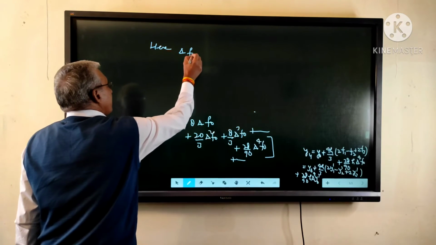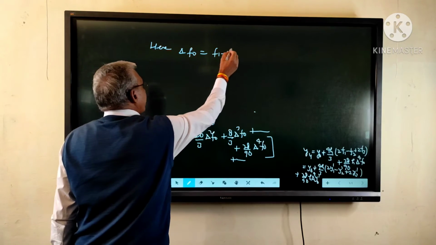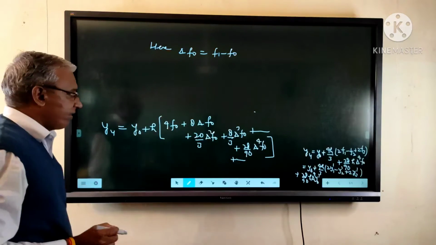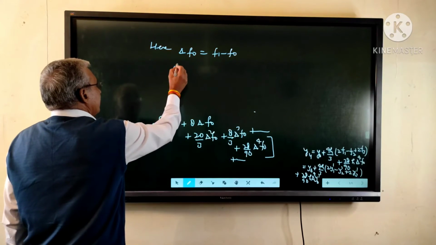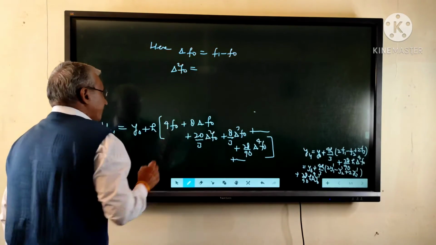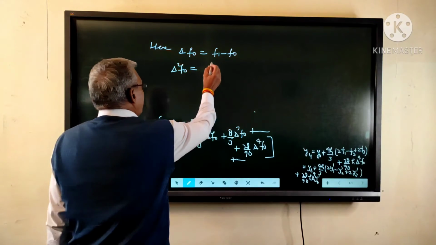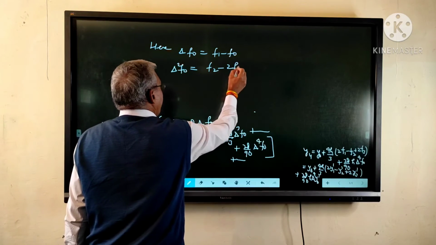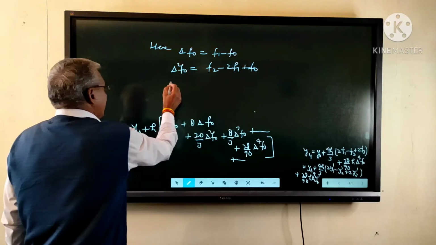Del of f of 0 is f1 minus f of 0, the first forward difference. Del 2 f of 0 is f2 minus 2 f1 plus f of 0.